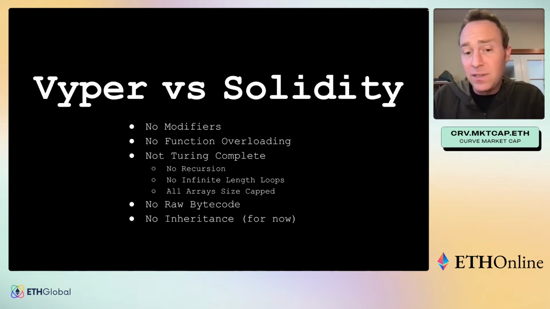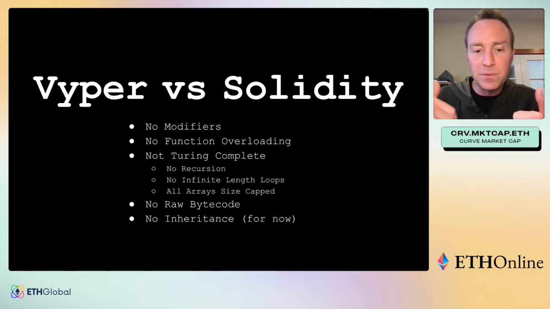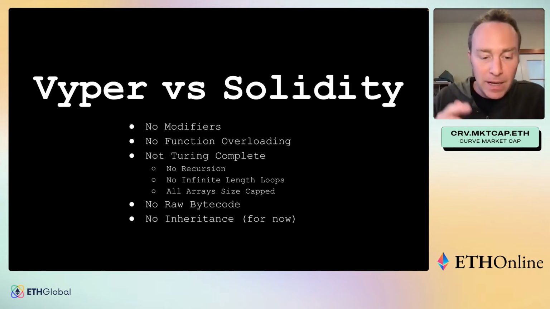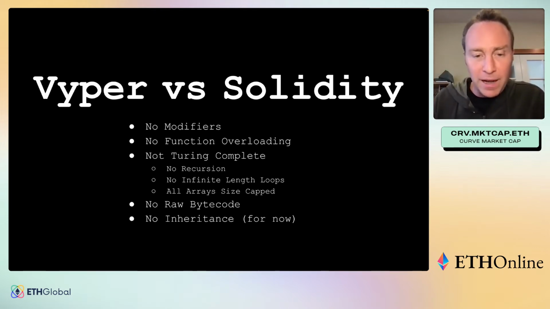And as a result, Solidity actually has the advantage on this if you need to, for example, we'll talk a couple of examples where being able to inject raw bytecode gives Solidity this incredible efficiency, but it comes at this expense of readability. Whereas Vyper forces the readability and relies on the compiler to get the efficiency out of it. And no inheritance for now is another drawback, which we're going to talk about in just a second.